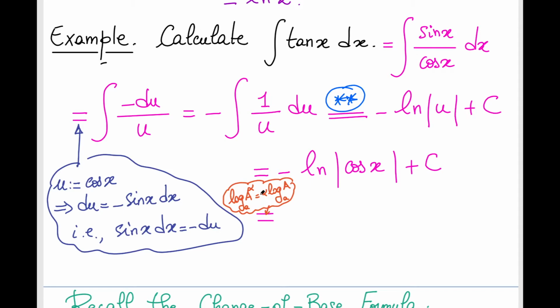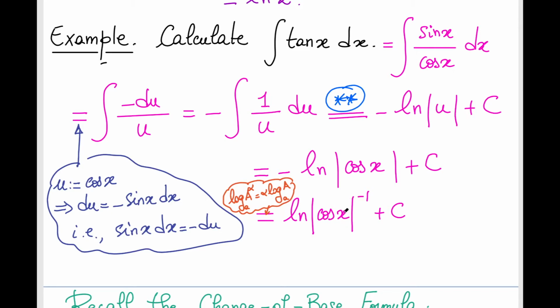As such, I can push that alpha all the way to the exponent level and get ln of the absolute value of cosine of x, to the power -1, plus a constant. And what's a number to the power -1?